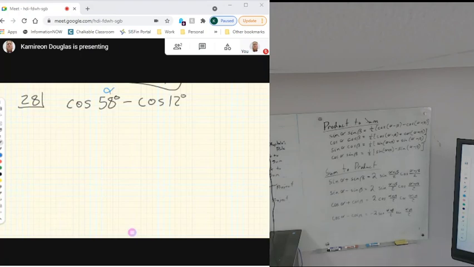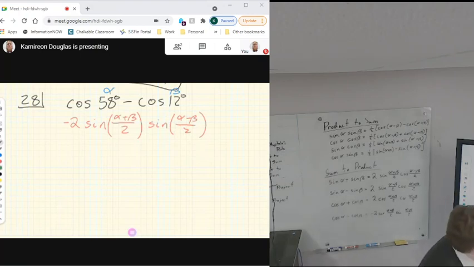My beta, 12 degrees. So I plug in my formula. Formula says, this one has a negative 2 sine of alpha plus beta over 2 sine of alpha minus beta over 2.